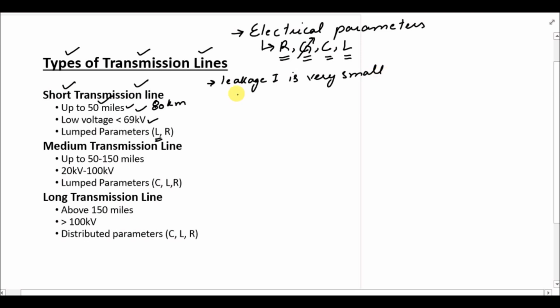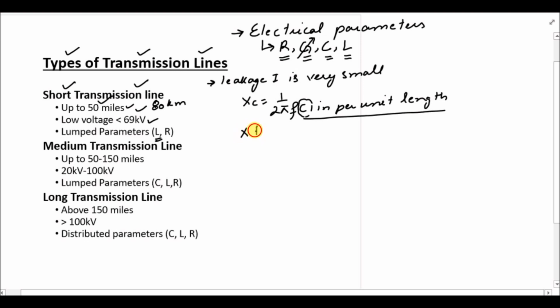We know that the formula of the capacitive reactance is 1 over 2 pi f C, and this capacitance is in per unit length. What does it mean? It means that there is a multiplying factor of 1 kilometer or 1 meter with this capacitance.